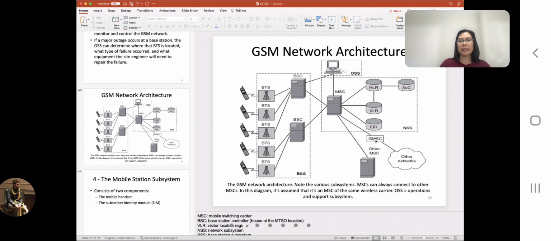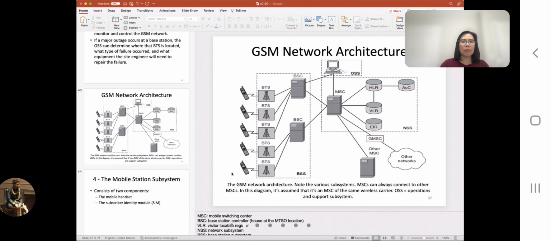Basically, this is the gateway between this network and other kinds of networks. And when we say other networks, it doesn't have to be a cellular network. It can be, let's say, a router to the internet, for data, not for voice, for example. All right. So we've covered three of the blocks.